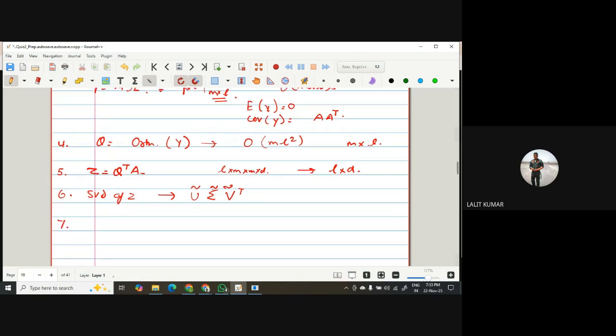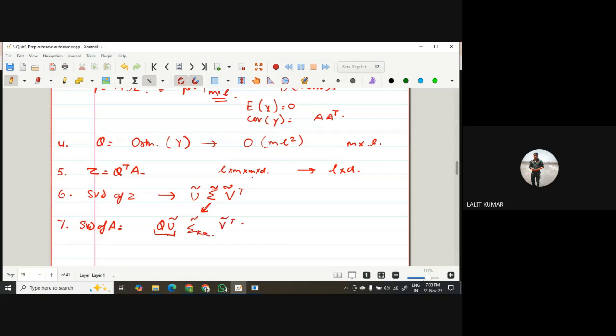From here, we get the SVD of A as Q into U tilde. We retain the top K values, Sigma K into K, and V transpose.